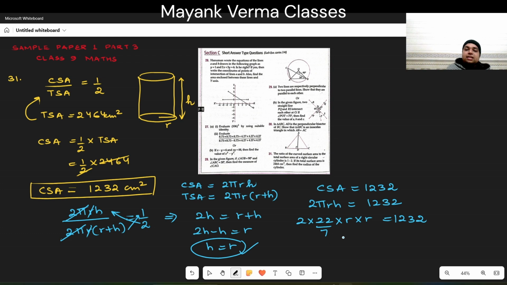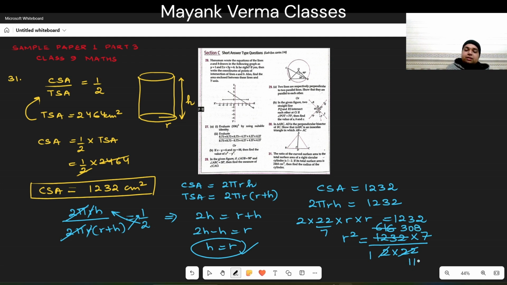So you can say r square is equal to 1232 times 7 upon 2 into 22. I just did the cross multiplication here. Now you will cut this on table 2. 2 ones are 2, 2 sixes are 12, 2 ones are 2, and 2 sixes are 12. And 2 ones are 2, 2 ones are 2, 2 threes are 6, 0, 8.